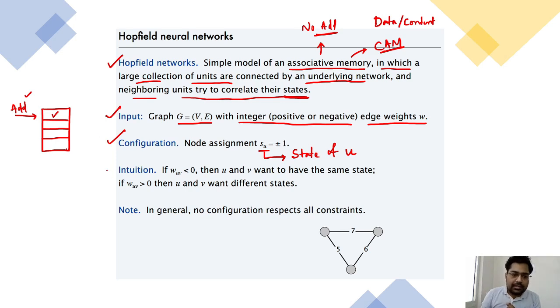Okay, next, intuition, what we have to keep in mind. If W_uv represents the weight of edge u and v, the edge basically has two endpoints or end vertices, u and v. If the weight is less than 0, meaning negative, then u and v want to have the same state.